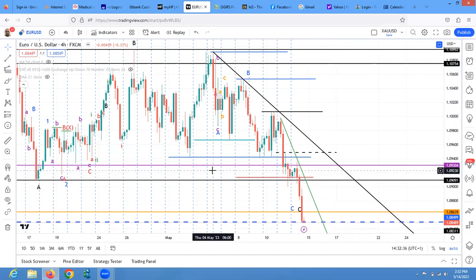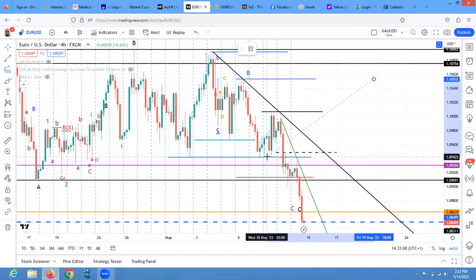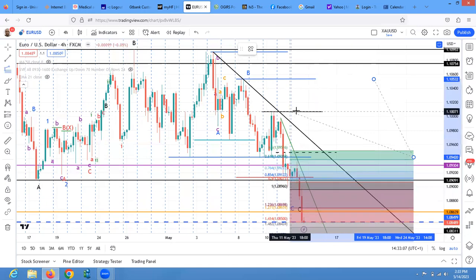Now, if I want to also look at the internal structure of wave 3 to see if this one is a 3-1 and this one is a 3-2, where are we going to be? So for 161.8, this is now the beginning of the 3-1, where the 2 ended. This is the end of 3-1 here, and this is where 3-2 is.